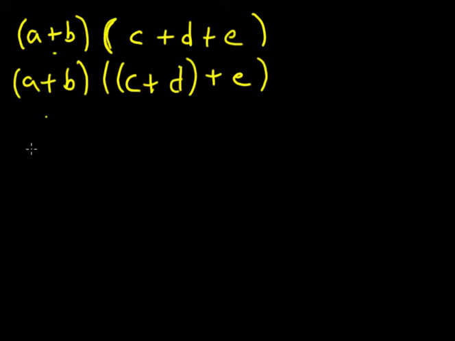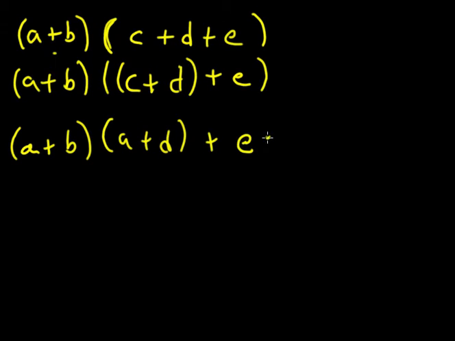And so we end up with A plus B times C plus D plus E times A plus B. And we can continue this process no matter how many terms we have.